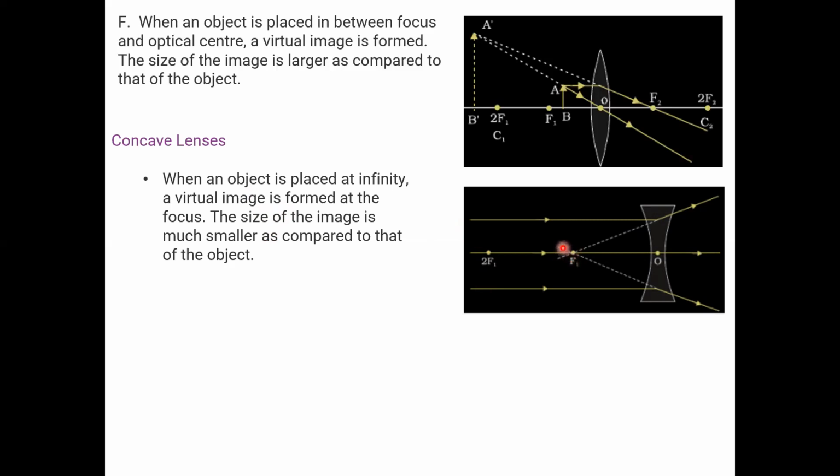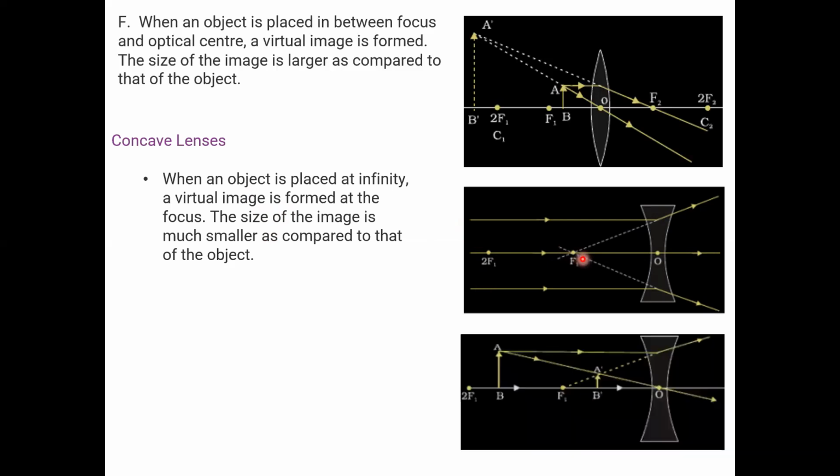And the nature of the image is virtual and size is diminished. Okay. Now another case. At any other position of the object, you will get an image in front of the object, and nature of the image is virtual and erect, and it is smaller in size.